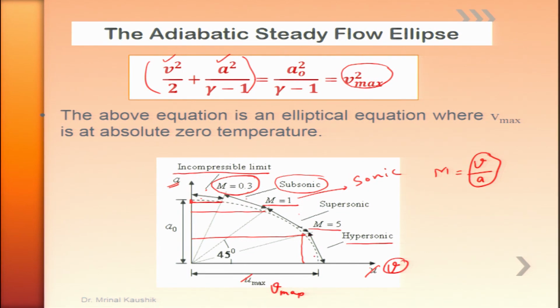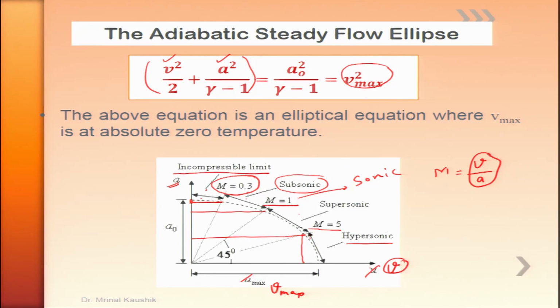Whereas if I move from 1 to less than 5, the hypersonic limit, in this zone again V is greater than A. The changes in speed and in A are of comparable magnitude, and both affect the flow situation equally, so we cannot say that this is primary and this is secondary.